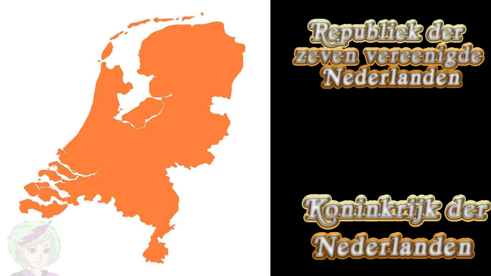But actually the English name Dutch for the citizens and the language of the Netherlands might historically be more accurate as far as I could find out, but perhaps people have a full explanation. I'd like to hear about that one.